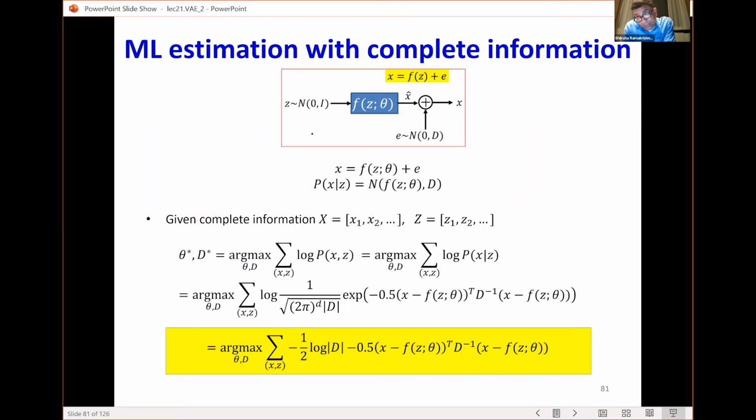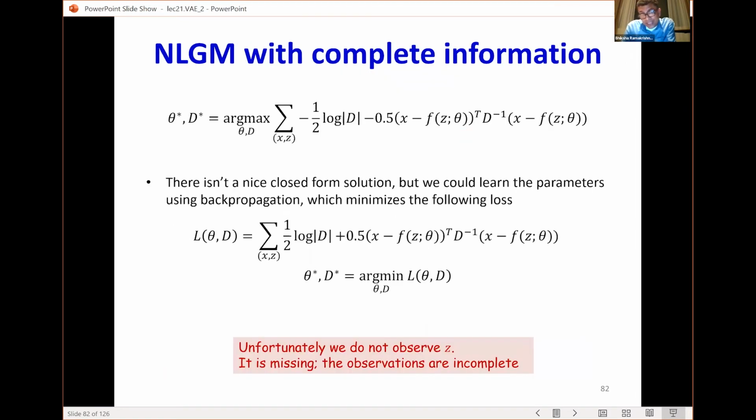We don't have complete info. What don't we have? We don't have Z, we have X, right? So how would we go about solving it? What have we been doing all along? We are going to complete the data by filling in the Z. So here I've just written out the formula.